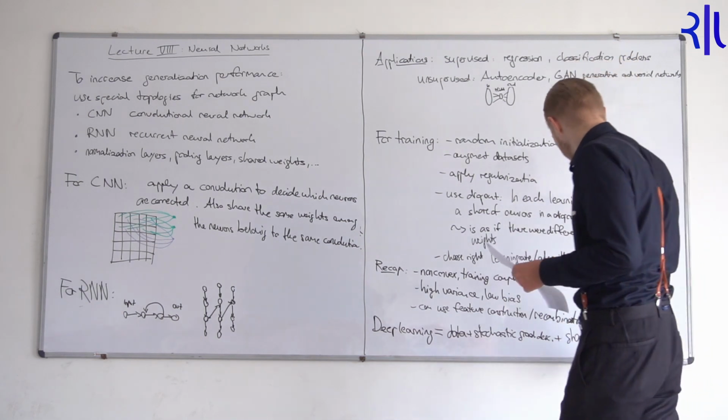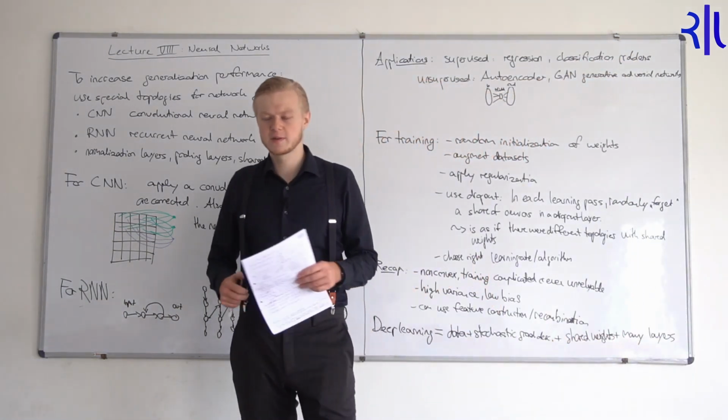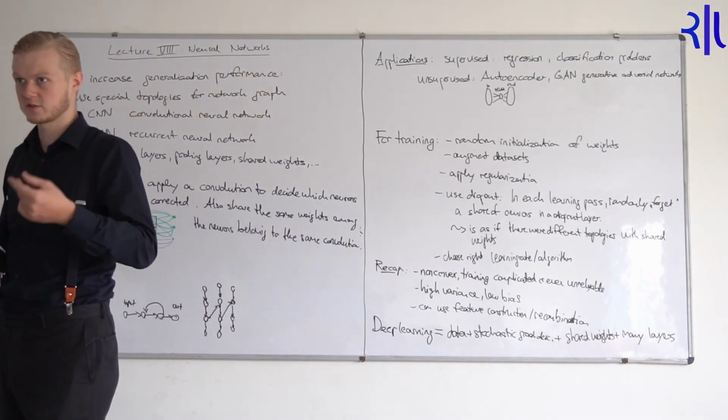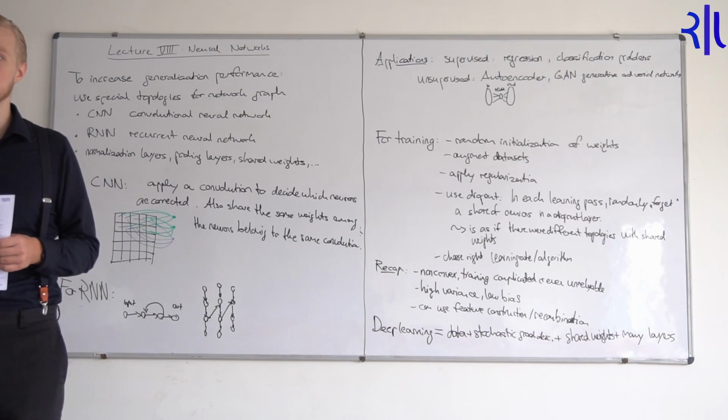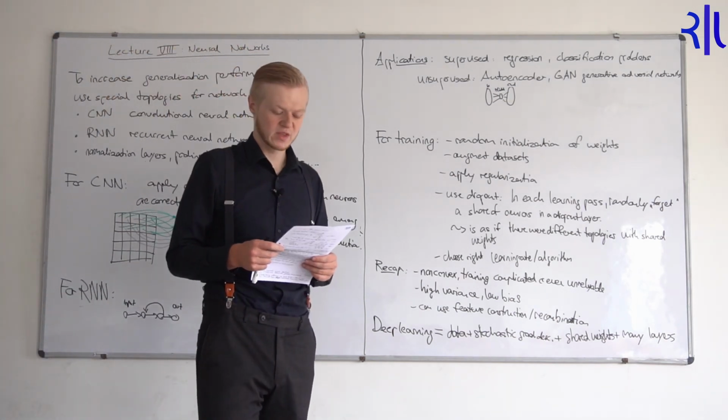And the last one is you need many layers, because you need to recombine the features. You have to find the features, you have to extract those complicated structures in the data. And this is what makes the neural networks nowadays so successful.